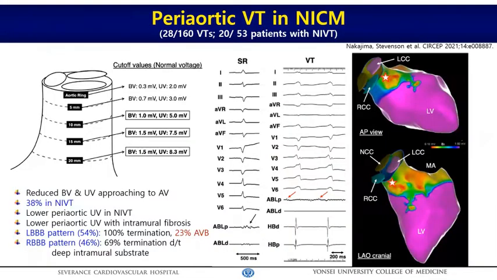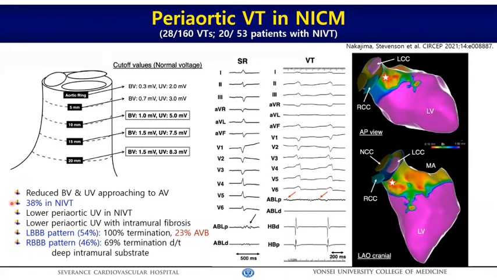Stevenson reported sophisticated mapping of peri-aortic VT in patients with non-ischemic cardiomyopathy. They applied the different bipolar and unipolar voltage cutoff levels depending on the distances from the aortic ring, and peri-aortic VT substrate were mappable in 38% of non-ischemic VT.